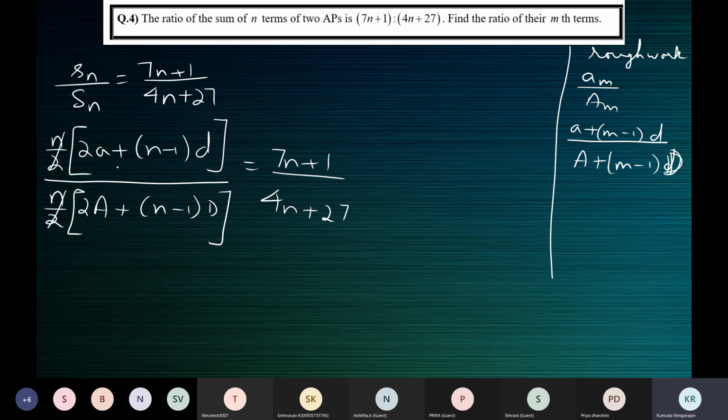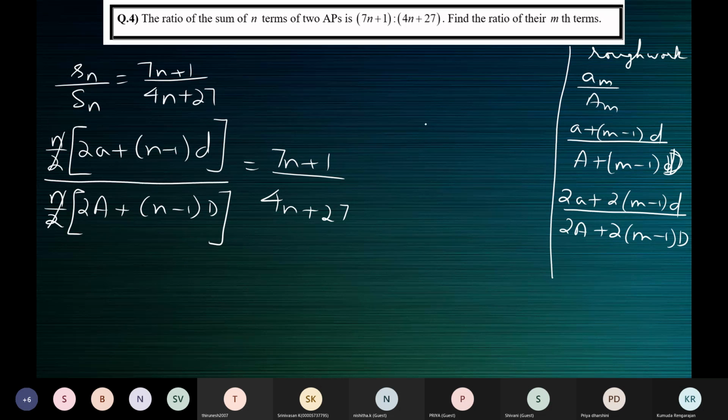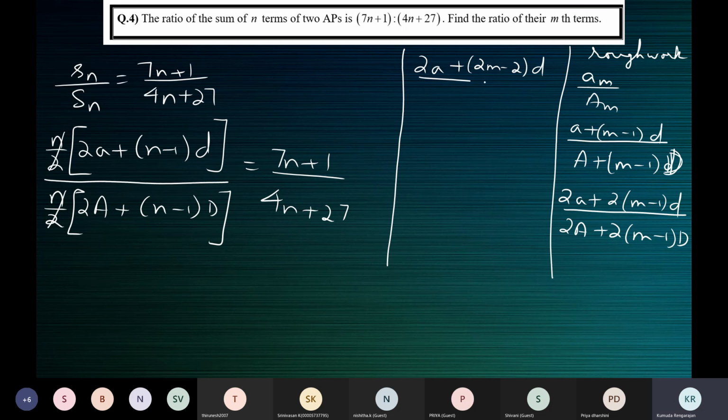But here we have 2a. So let's multiply the numerator and denominator by 2. That will give us 2a plus 2 into m minus 1 into d, divided by 2 capital A plus 2 into m minus 1 into capital D. I think the place is not sufficient, so let me continue here: 2a plus 2m minus 2 into d.